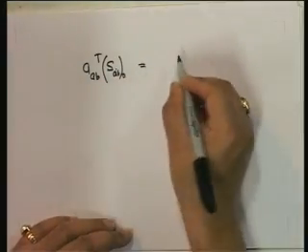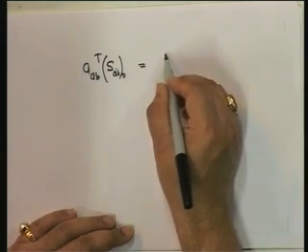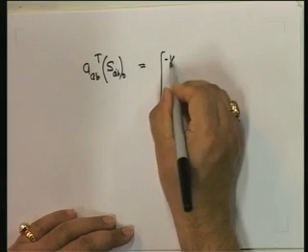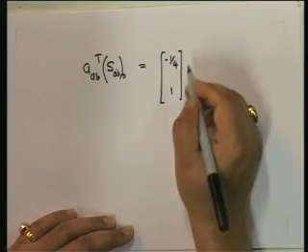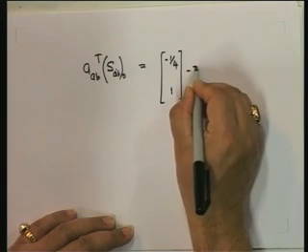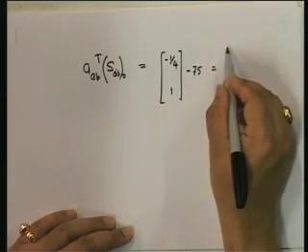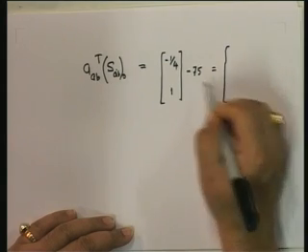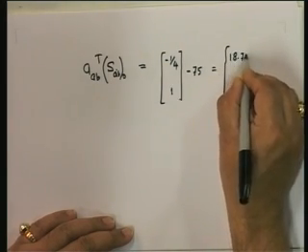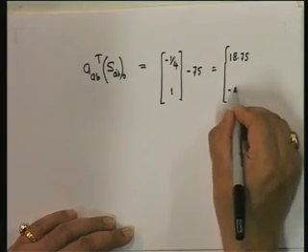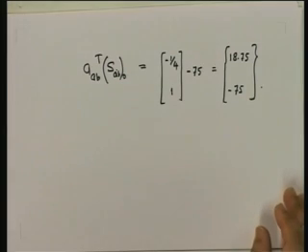AAB transpose is equal to minus 1 over 4, 1, and SAB is equal to minus 75. So on this side, 75 by 4 is 18.75, minus 75. This is one.